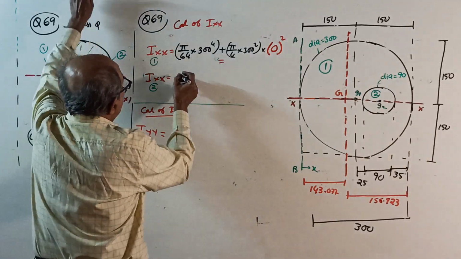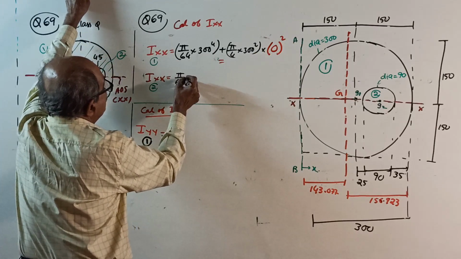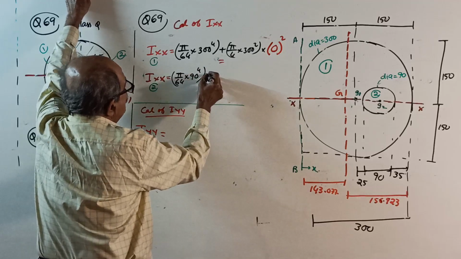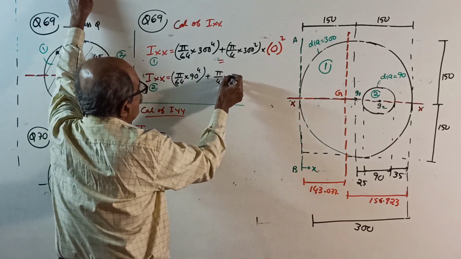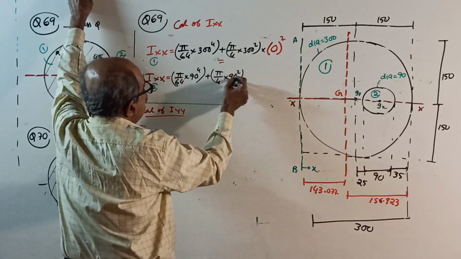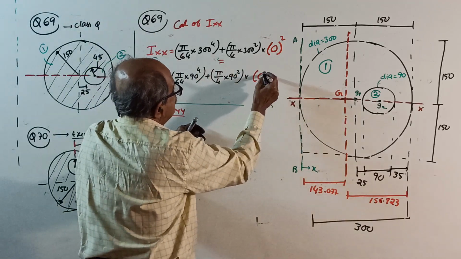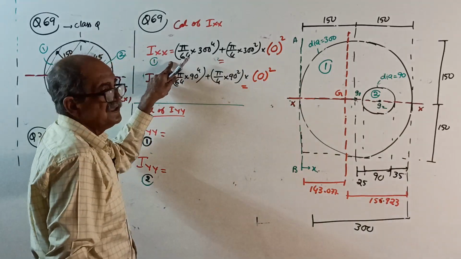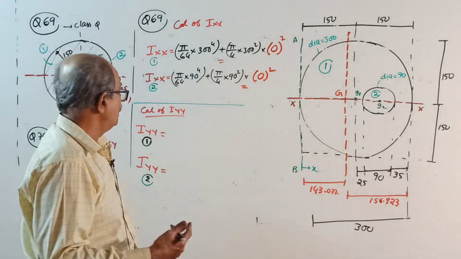Then for 2, pi by 64 of 90 power 4, Ig, plus pi by 4 of 90 square, area, into once again 0 square. Calculate. Then IXX equal to IXX of 1 minus IXX of 2.